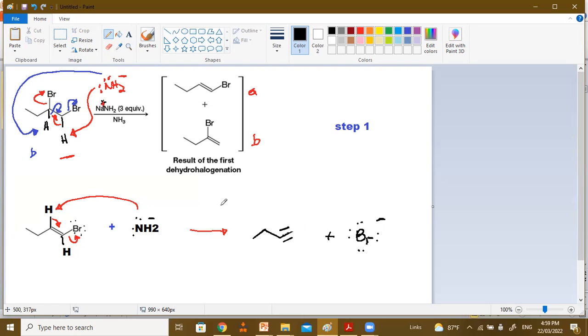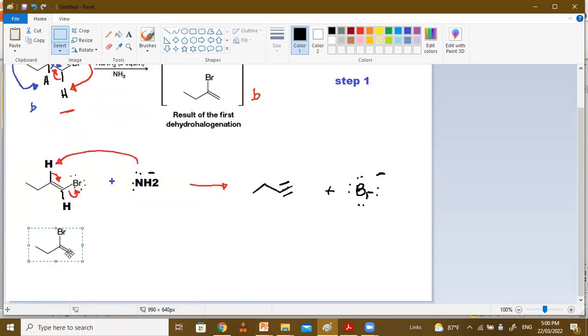The other product will be from the second one. Of course, you have your hydrogen. Either of the hydrogens, you will abstract this.